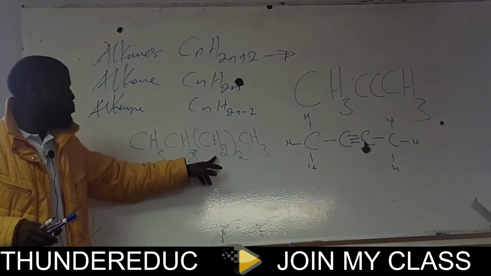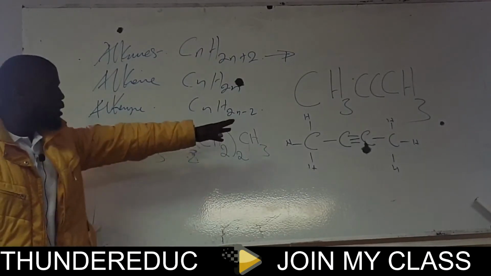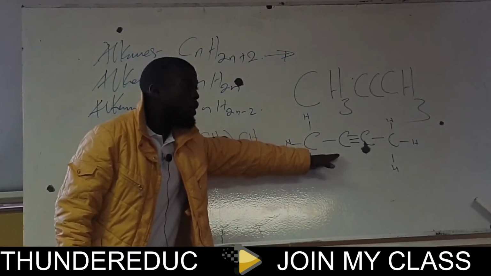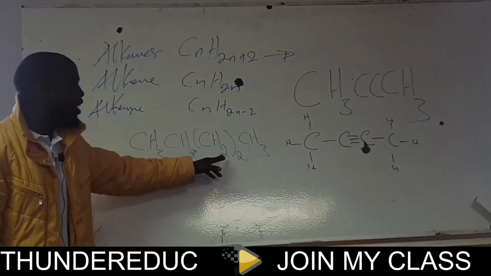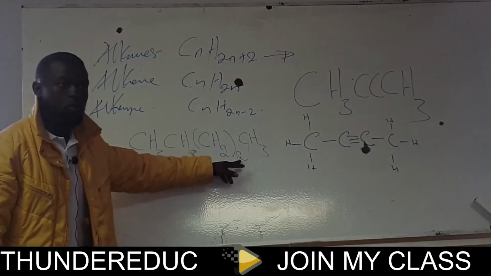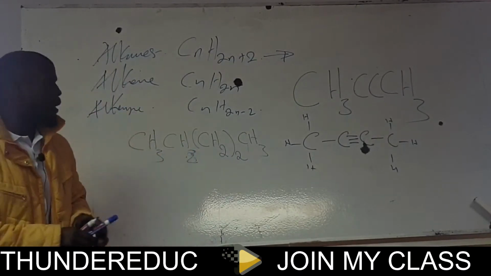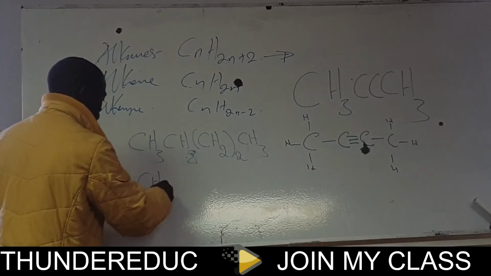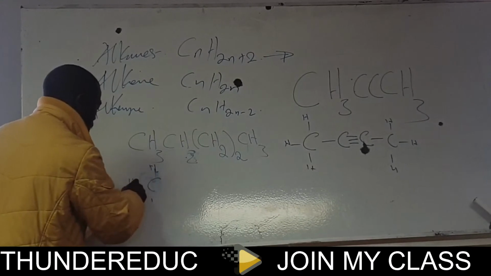If you look at this, is this a branch? If you expand it to be like this, the structure formula, you'll find out that this is not a branch, due to the number of carbon atoms and the number of hydrogens attached. Let's expand it. CH3, CH3, isn't it?